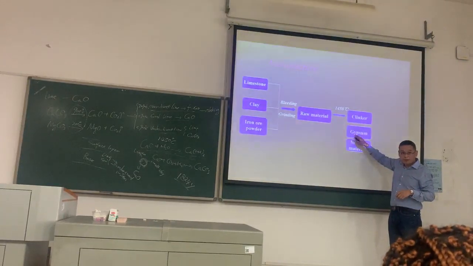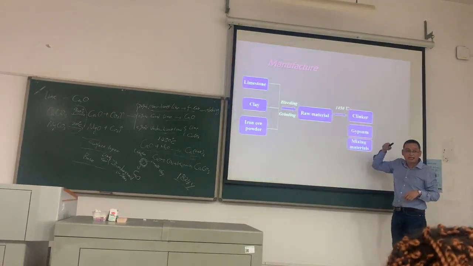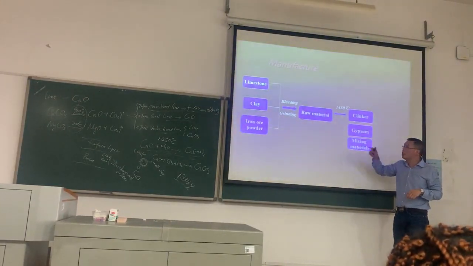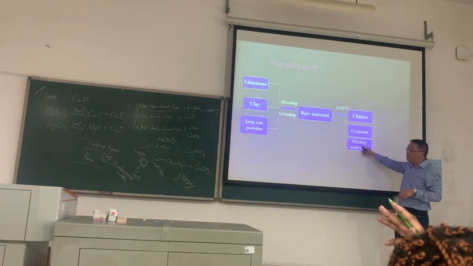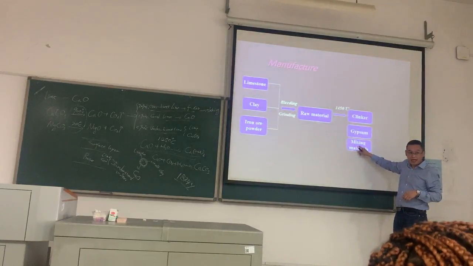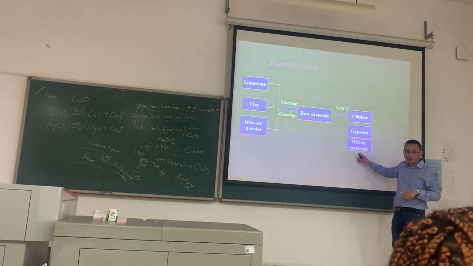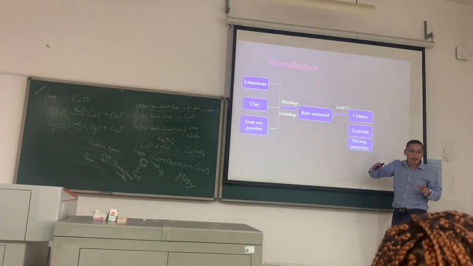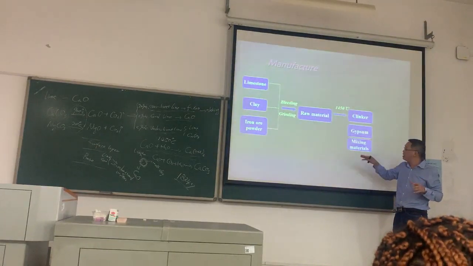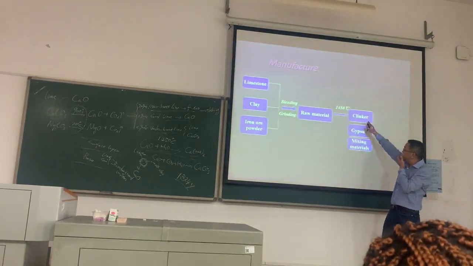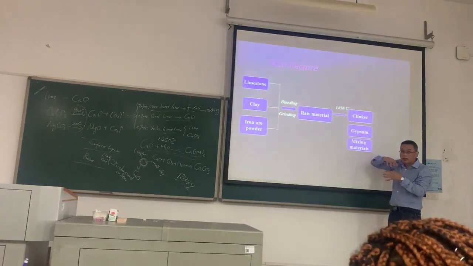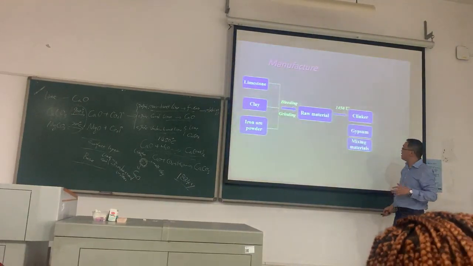Gypsum. We must add the gypsum into the clinker. And then maybe we can add some mixing materials, and then grinding them.